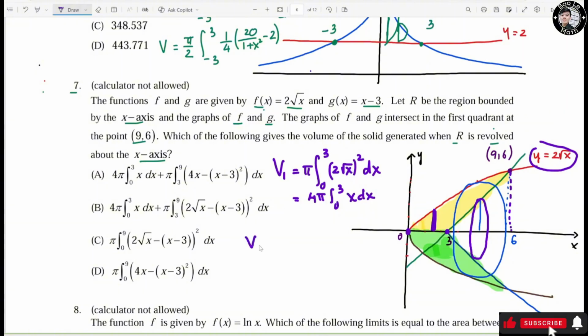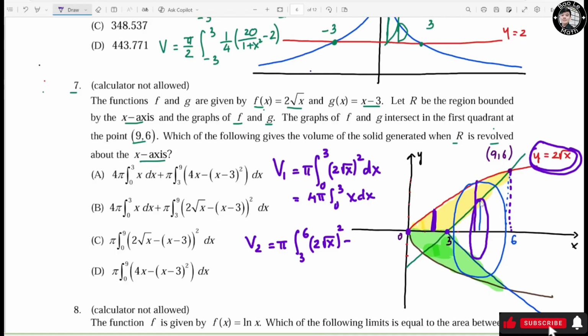Now the second one is the integral from 3 to 6. We need to use the washer method, so we put pi right here, and the outer radius, which means the bigger one, is the difference between y equals 2 square root of s and the x-axis. So it's 2 square root of s, squared.